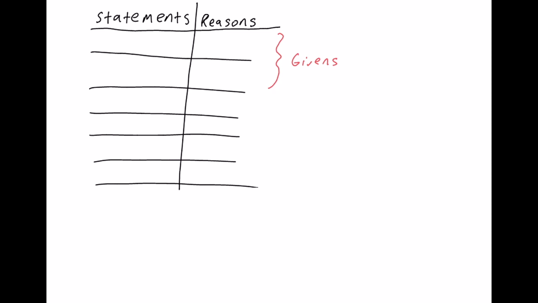So the things that are given will be what you write first. Whatever is given, you will state, with the reason as given. For all of them, no matter how many there are, whether there's 1, 2, 3, 4, you'll write given in the reason.